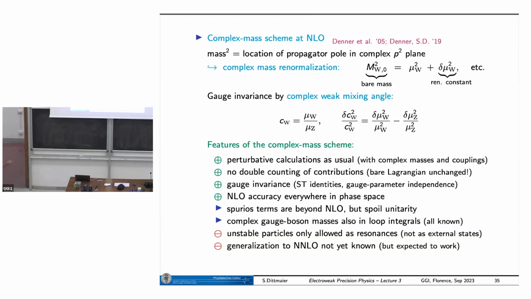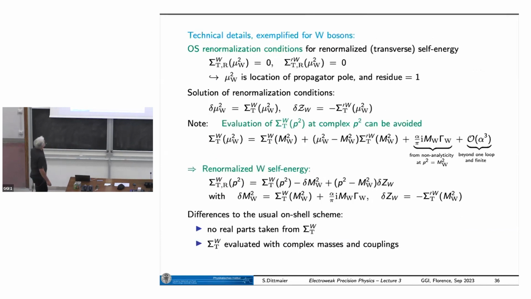If you really would like to take this consistently, whatever you can have as a resonance is an internal state, and the external particles should really be stable particles. And finally, we expect that everything will also work at next-to-next-to-leading order, but nobody has really worked this out. But this is already ambitiously looking ahead.